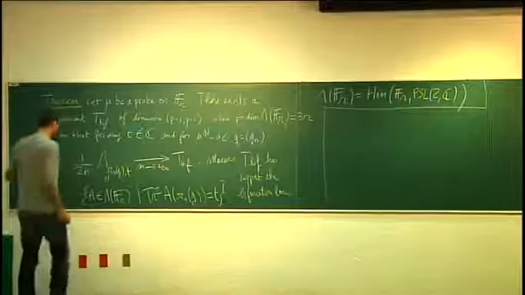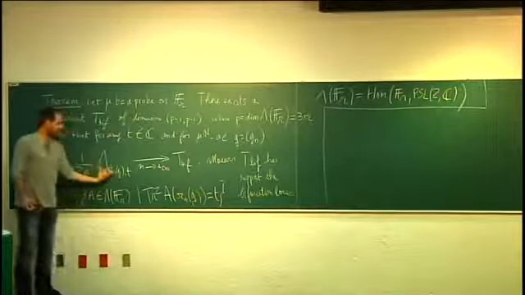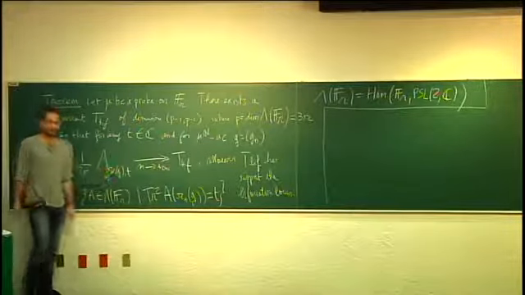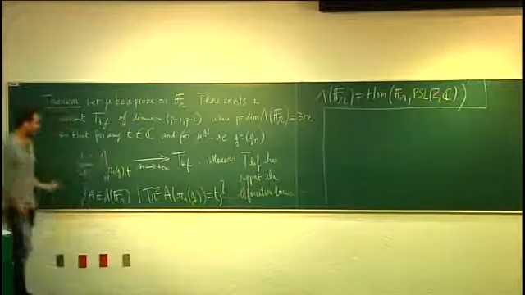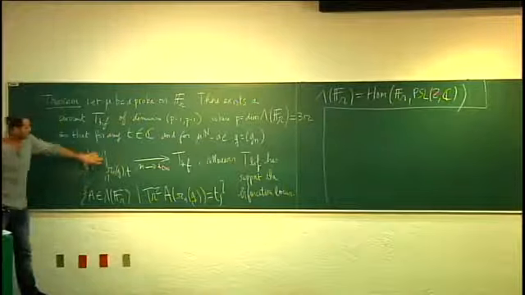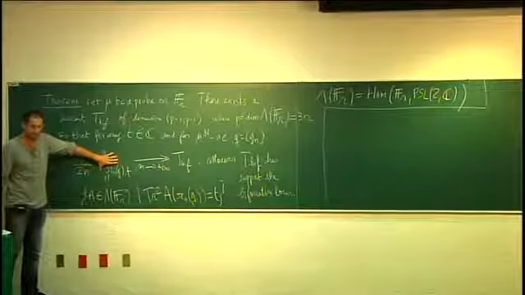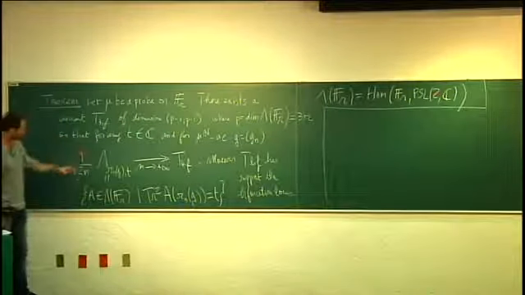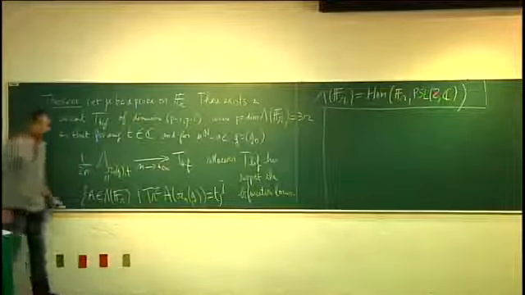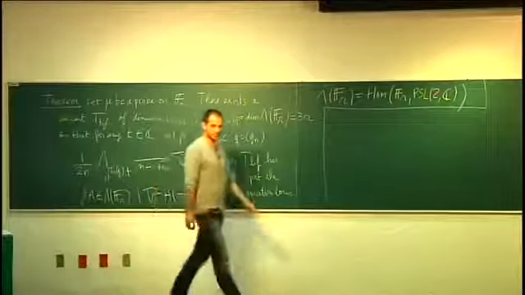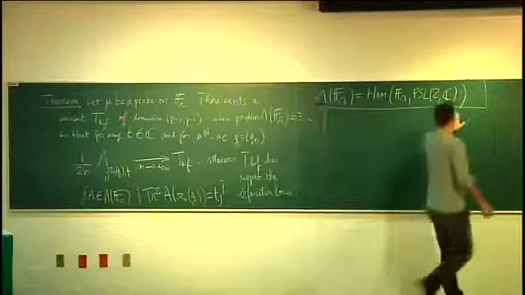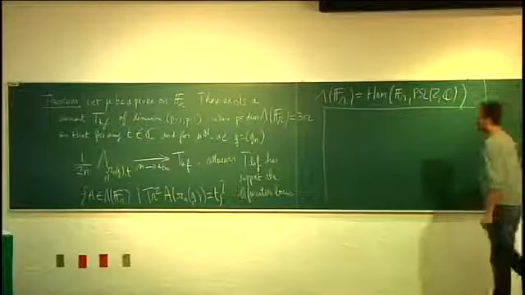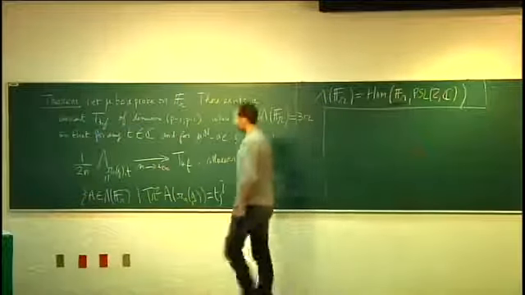And as a current, it is just integrating a p minus 1 form on this submanifold, because it is a codimension one submanifold. And then we divide by 2n, and the statement says that it converges. So how do we prove this kind of convergence?